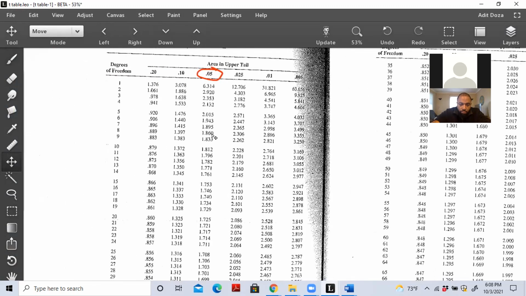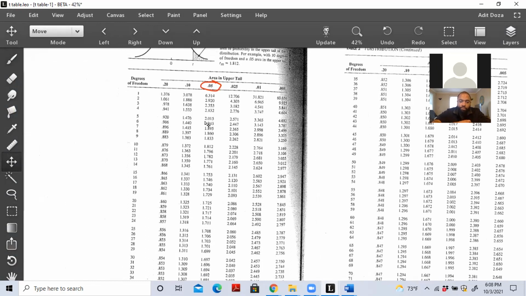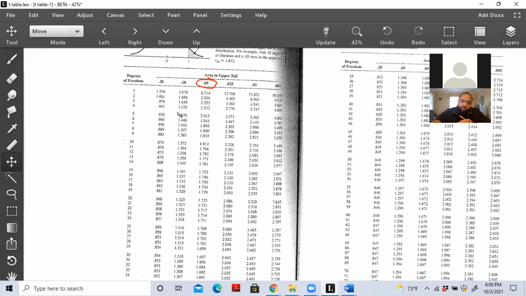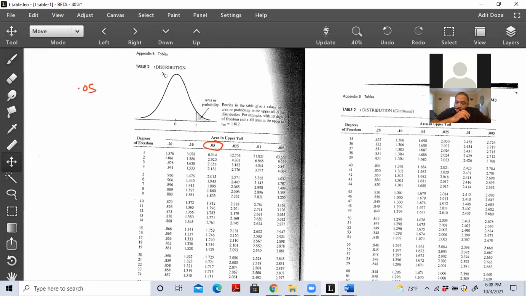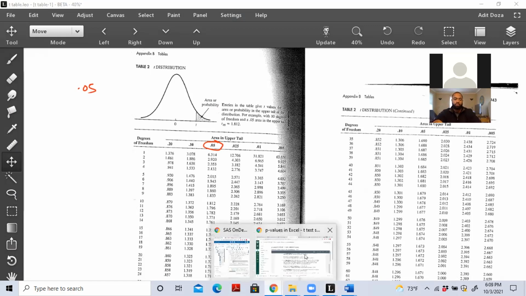I won't ask you any questions where you have to use charts for calculating the p-value, especially using the t-test statistic. Mostly I will be asking about the z distribution. Let me give you some details on how you would do that.